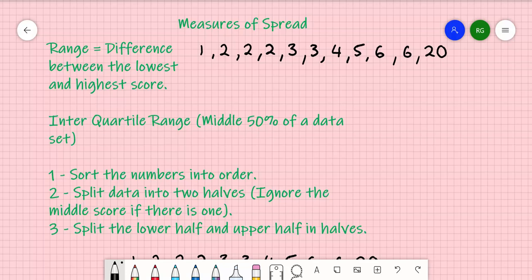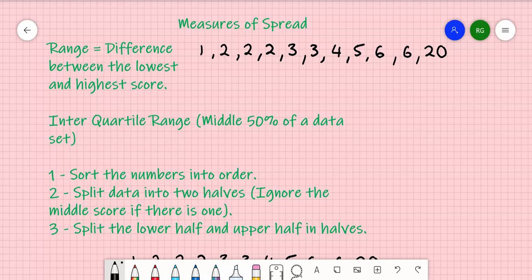So quite often when we are looking at measures of spread, it is normally easiest to put the numbers in order first. I've already done that with these numbers. Now these numbers could be test scores or cricket scores or what have you. It doesn't really matter. The range for this though is the difference between the lowest and the highest score.